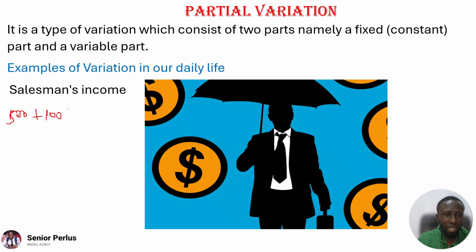Now, within a month, if you're able to get 20 people, then the total is 500 plus this one times this, that's 2,000. So this is a kind of monthly salary, a normal variation in our daily life.